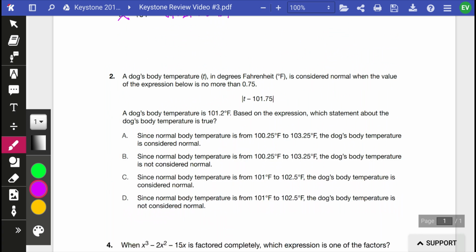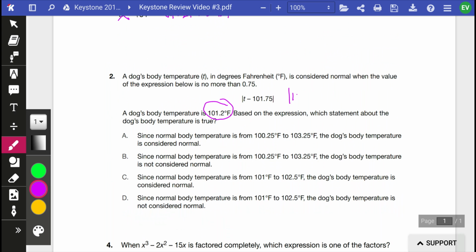So a dog's body temperature is 101.2 degrees Fahrenheit. Based on the expression, which statement about the dog's body temperature is true? Let's just substitute it in and see.